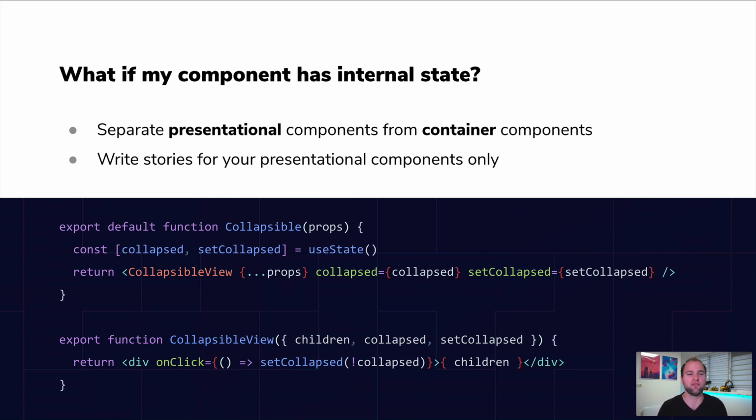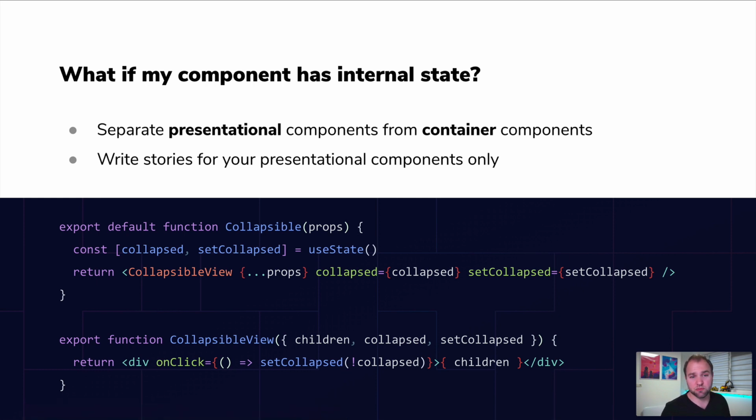So here we have a collapsible component which keeps some internal state on whether it's collapsed or not. And then we have a collapsible view, which is a presentational component, which does nothing but render something based on its props. And now the trick is to write stories only for the presentational component.